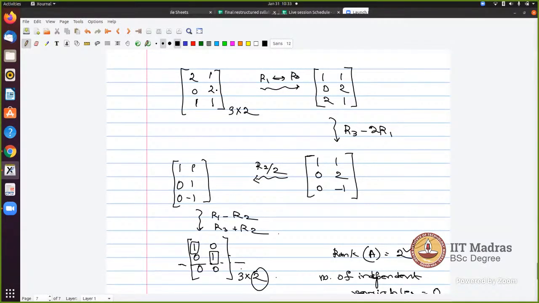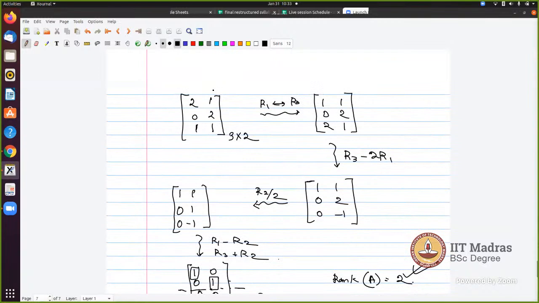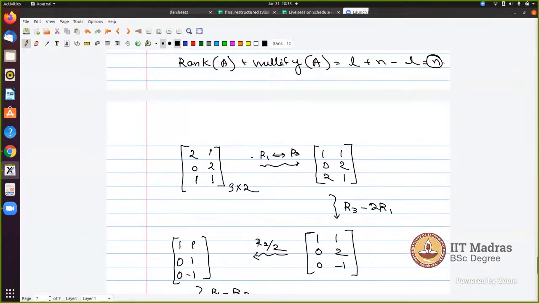Nullity depends on how the matrix looks. Here, the null space of this matrix, suppose this is A, is a subspace of R2, but in the earlier case, it is a subspace of R3. So they are two completely different subspaces, correct? Yes, sir.